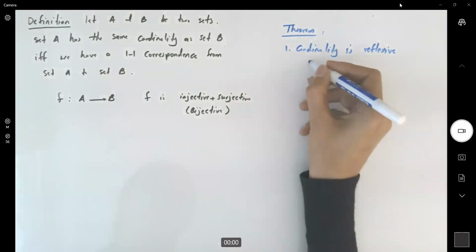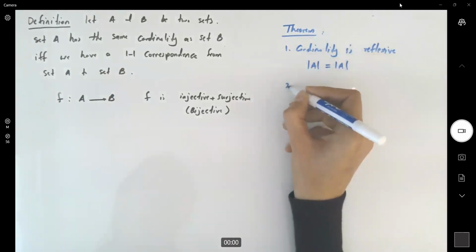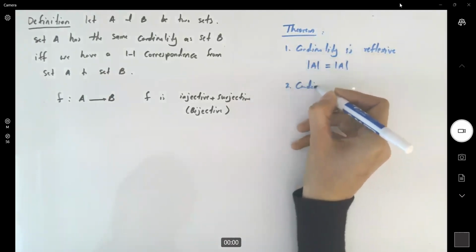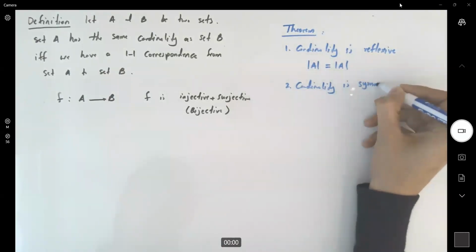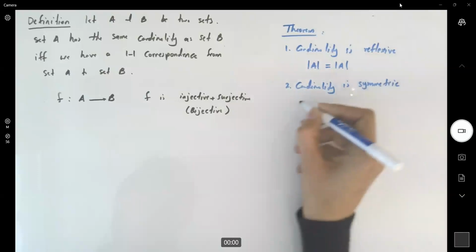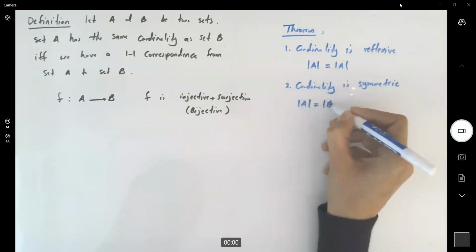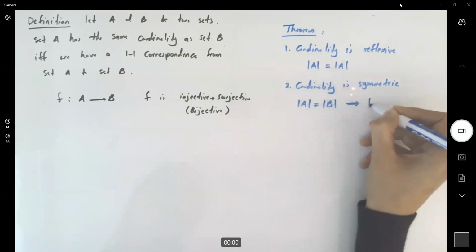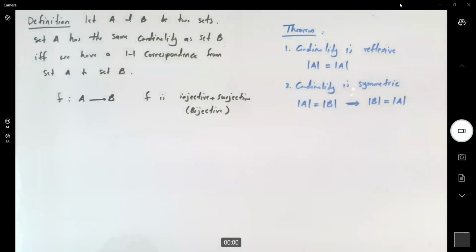The cardinality of set A is the same as the cardinality of set A. Cardinality is symmetric. That makes sense. If the cardinality of A is the same as the cardinality of B, then for sure you can conclude that the cardinality of B is the same as the cardinality of A.